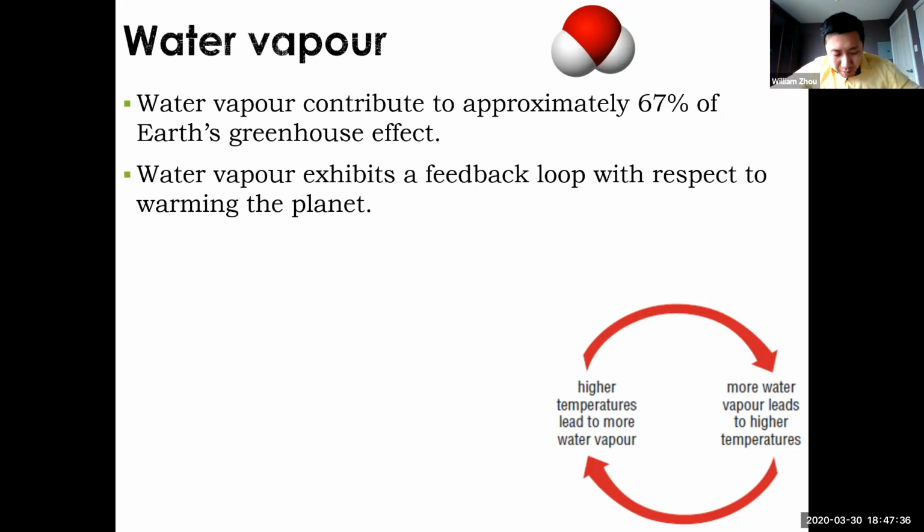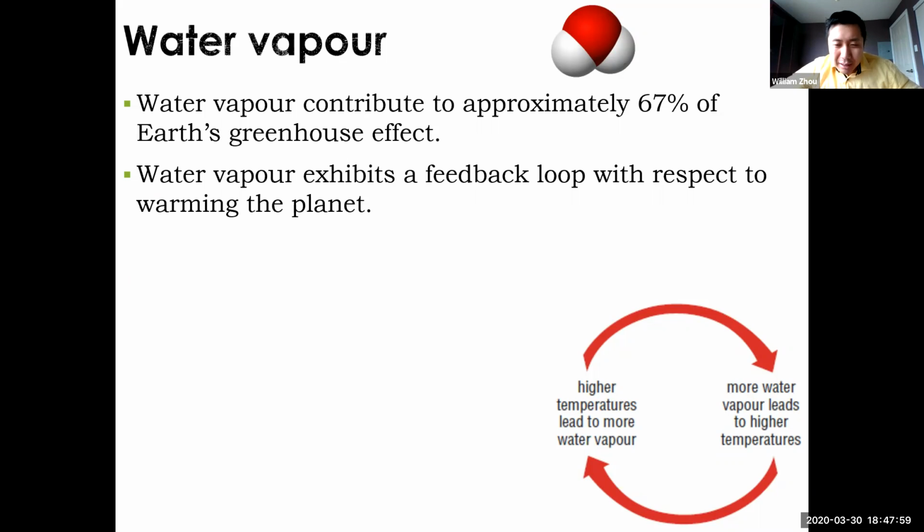Now, we learned about feedback loops on Friday, and the water vapor's greenhouse effect exhibits a feedback loop. How it works is, excess water vapor in the air traps heat. Okay, that's the greenhouse effect. Now, if you trap heat, your planet becomes warmer.